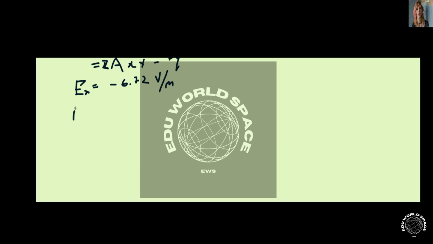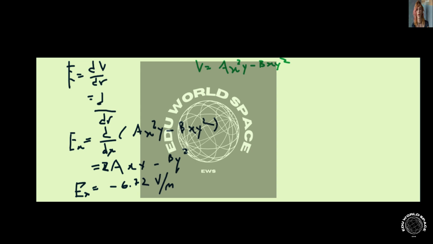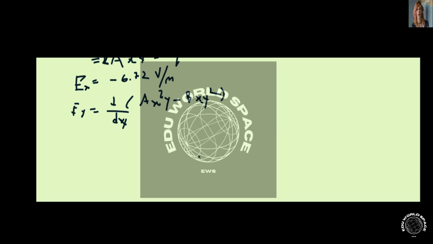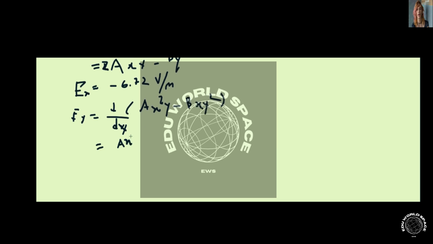Now we need to calculate the component at Y. If you do the same thing, differentiating but this time with respect to Y, since there's Y to the power 1 here, it just becomes the coefficient, so AX squared.